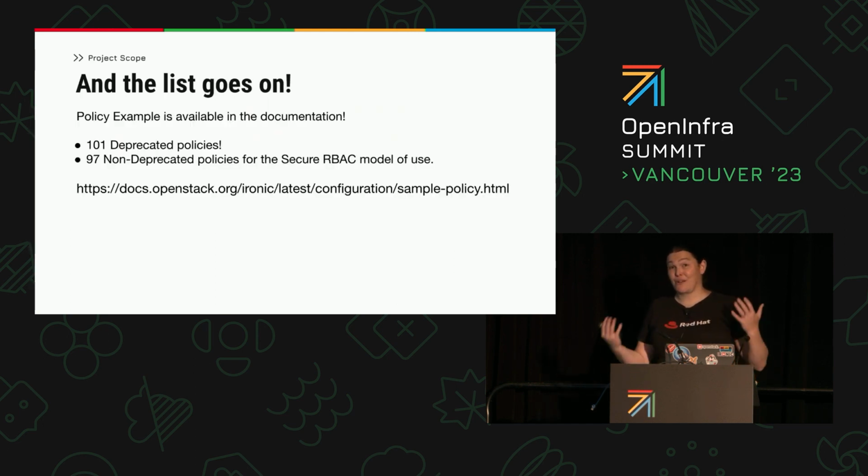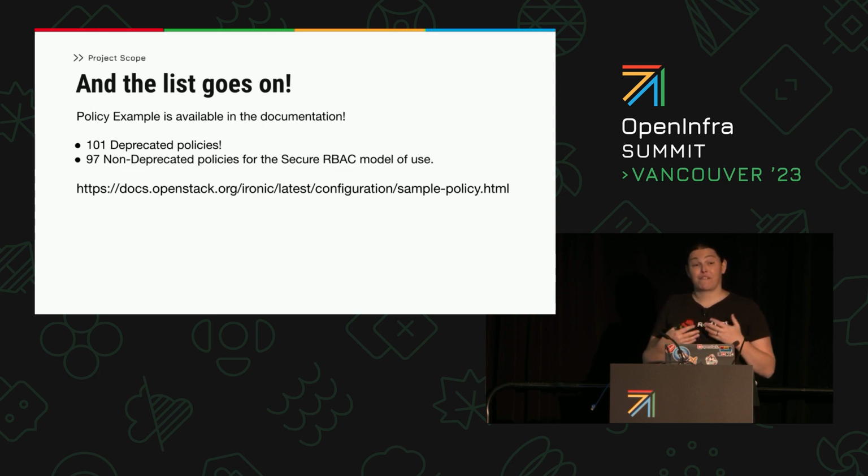And the list really goes on to kind of provide scope as to how many rules there are. There's 101 deprecated policies at present in Ironic, 97 non-deprecated policies, and every major API feature or field that requires access controls gets yet another policy at times.